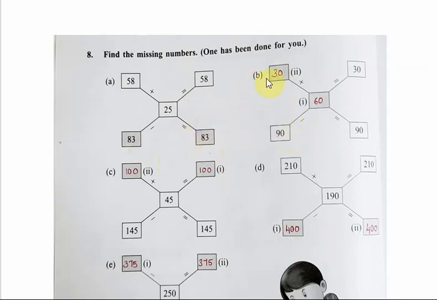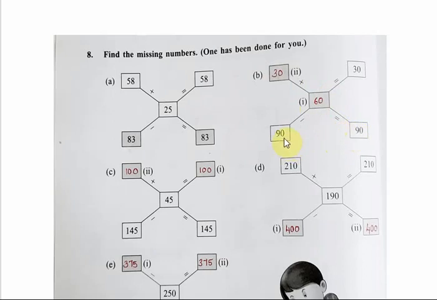See here, dash plus dash is equal to 90. This we cannot do because two numbers are missing. It may be 20 plus 70 is equal to 90, or 10 plus 80 is equal to 90, all are correct, but we cannot find which numbers will come because two numbers are missing.